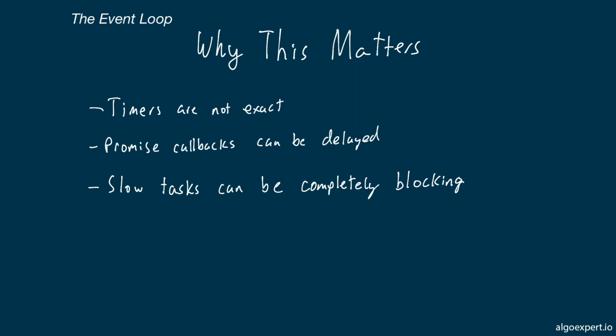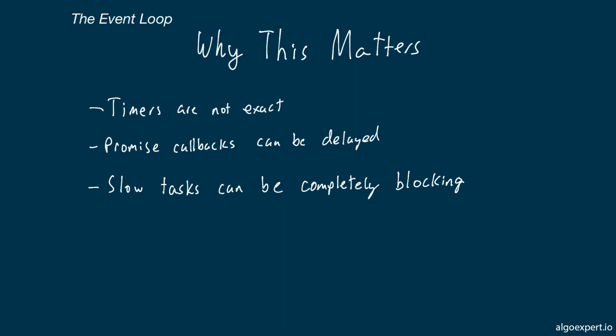In an interview setting, if you are asked a question about timers, this can be a good follow-up to make sure you are implementing your solution with the level of precision expected and demonstrating an understanding of how timers work in relation to the event loop.